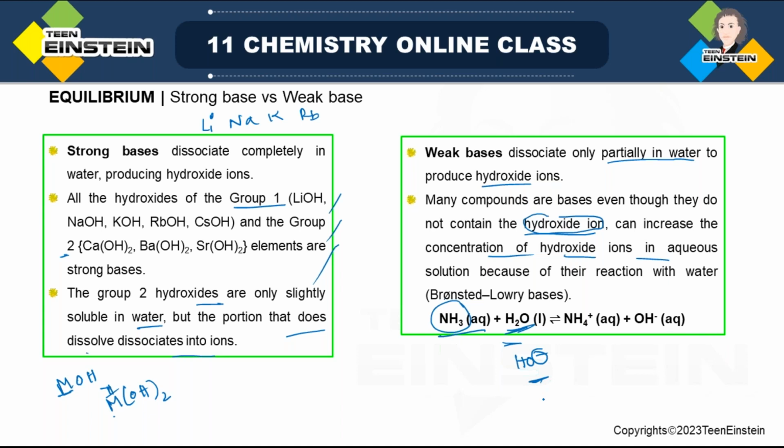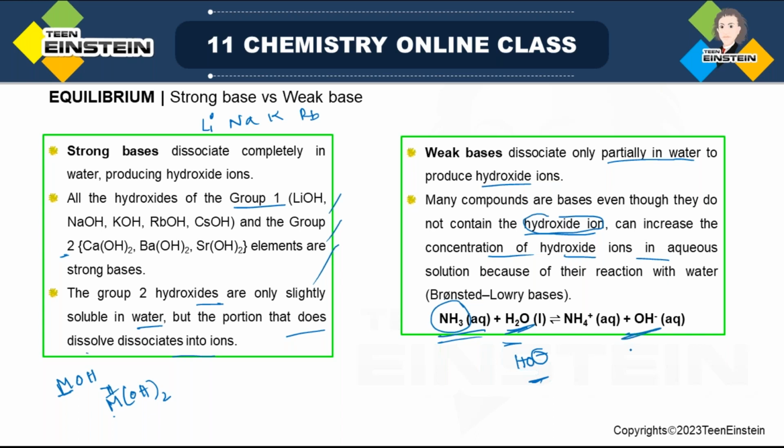Because it is capturing the proton from H2O, the remaining part is HO-. So in this way, they can increase the concentration of HO- ion in aqueous solution because of their reaction with water. In this example it is clear that NH3, though there is no HO-, is capturing H from H2O, so it is ultimately producing hydroxide ion.